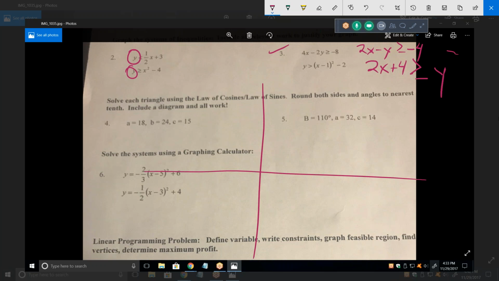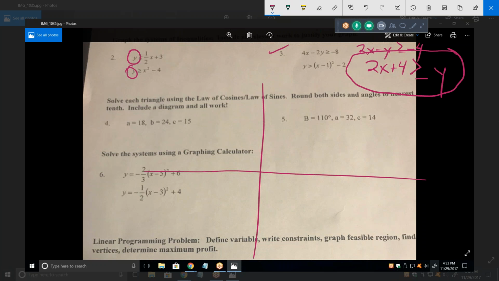That's actually pretty good, but it's not what we're used to looking at. We're used to having the y on the left. Now, if it's an equation, it doesn't really matter whether the y is on the left or the right. But if it's an inequality, go ahead and finish this.